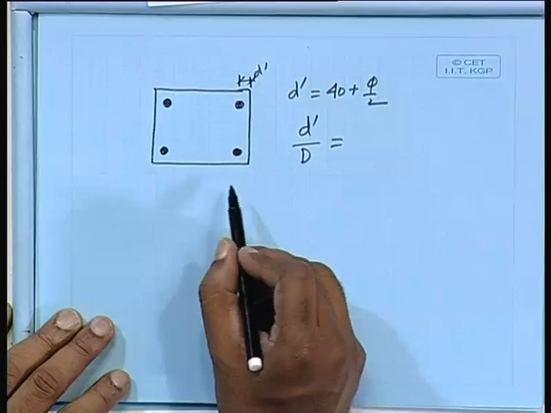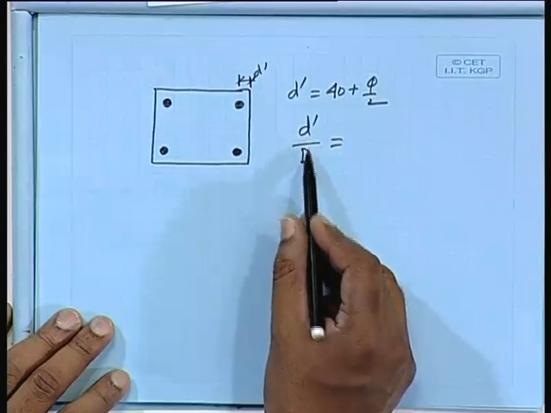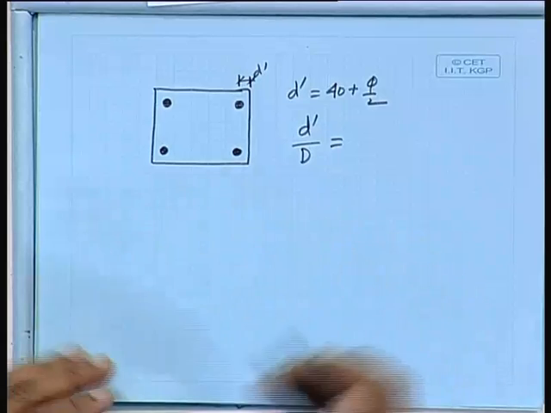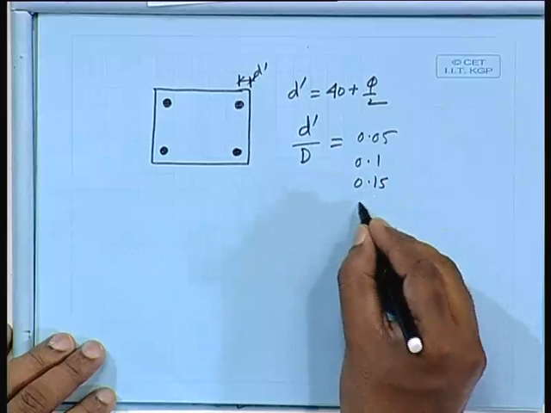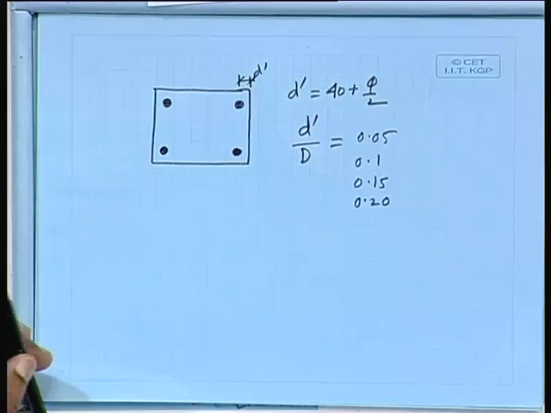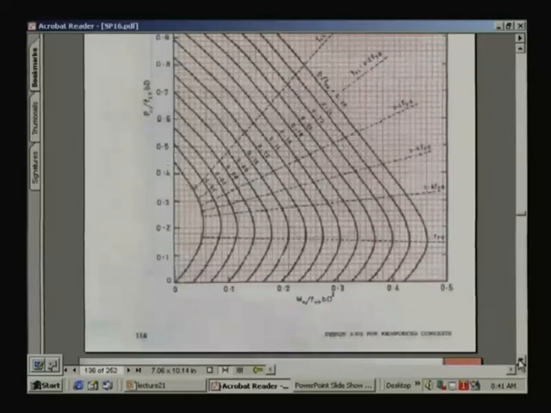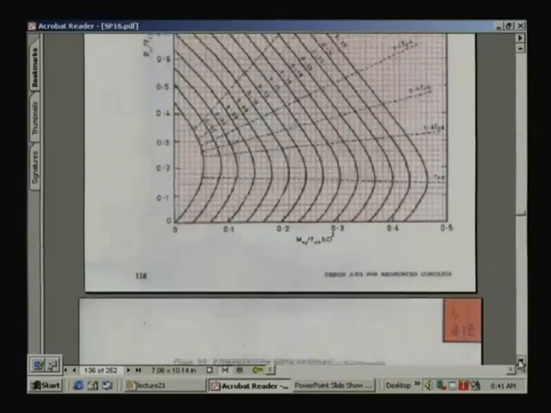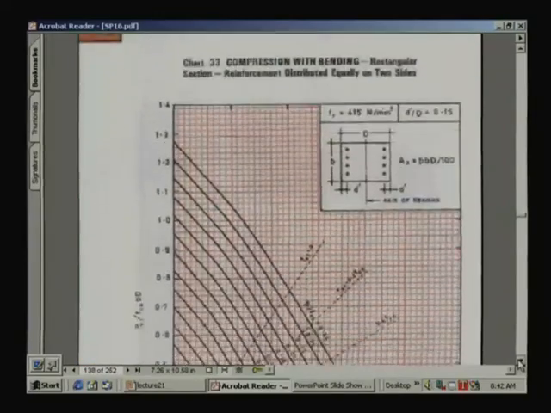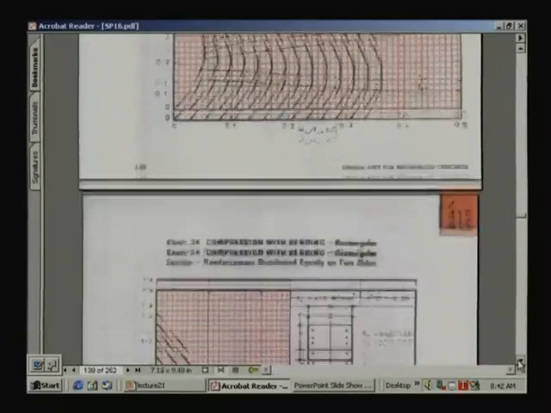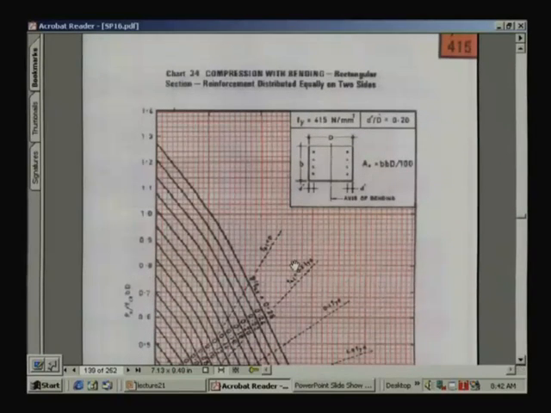Depending on different d dash by d we get different strain, that is why we have different d dash by d. It starts with 0.05, 0.1, 0.15, 0.2. So, we can have different charts. This is chart 31 for Fy 415, d dash by d like that. Then the other one is d dash by d 0.1, this is for 0.15 and this is for 0.2.